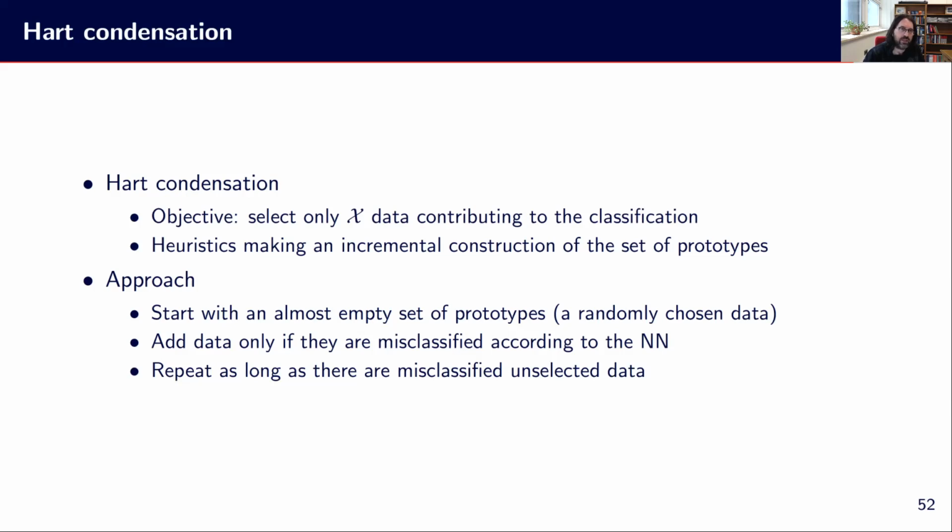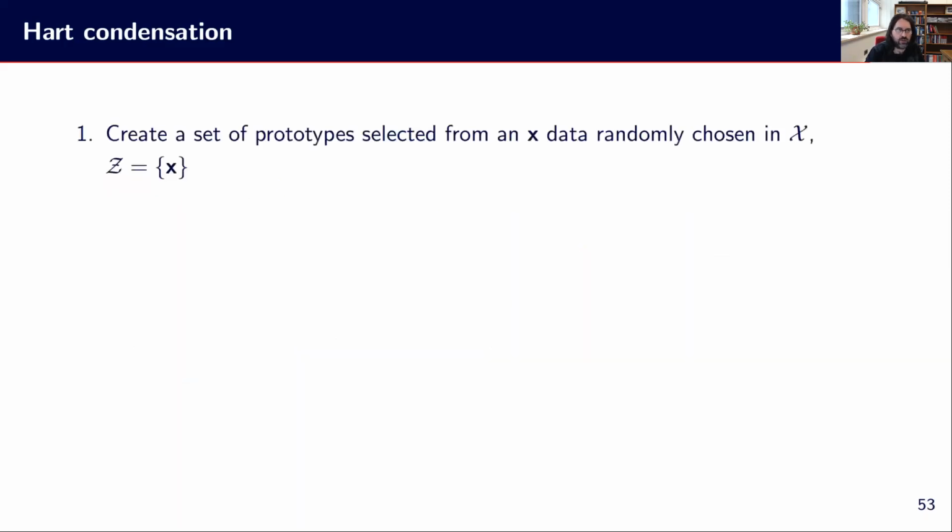So the point is that we are building up our subset until all training set data are properly classified according to the nearest neighbor classification. So more formally, in terms of algorithmic description, we have these things. With Hart, we are creating a set of prototypes selected.